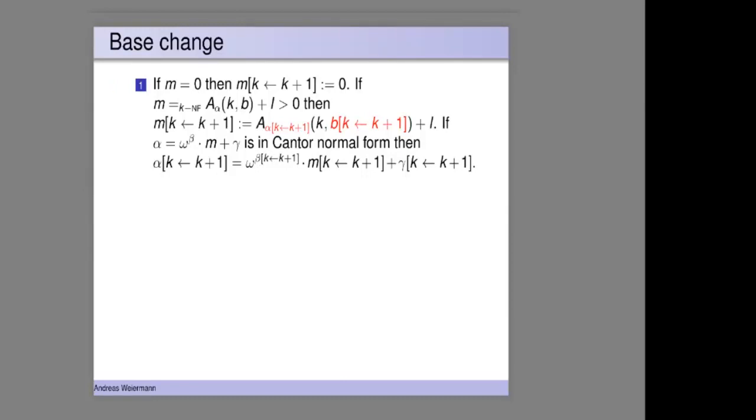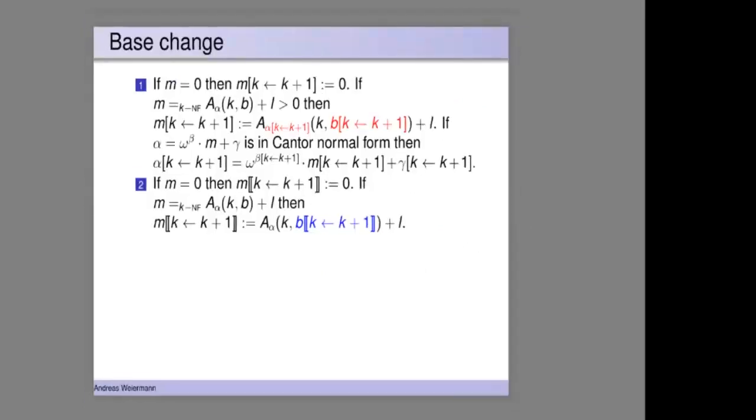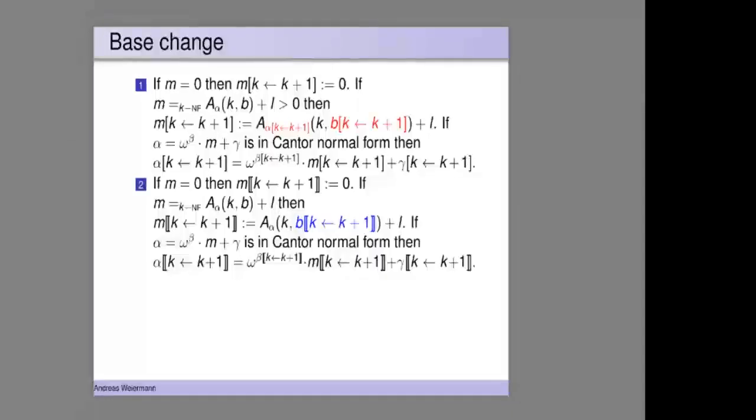And then I do the same in the second and third case, where I do base change either only in b or in alpha. Here's the same definition and the same mistake. So in the result, it should be a alpha k plus 1 of b. I do only the base change in b. And yeah, the base change in the ordinals is defined as before.